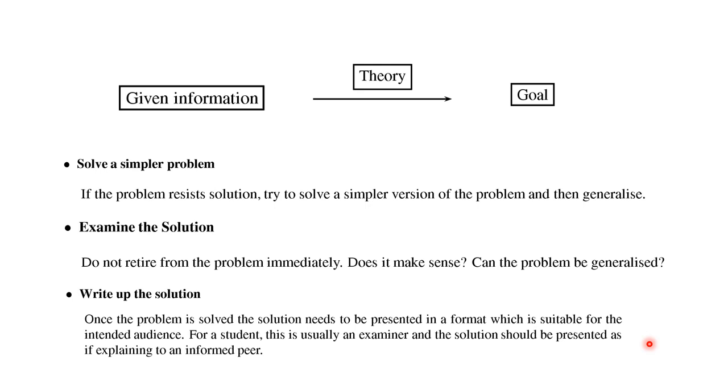Now you write it up so that it is presented so that one of your peers can understand it. So if you're a student at school or university, you write it up as if you were explaining to one of your peers. If you are doing research, of course, you then write it up for mathematical professionals.